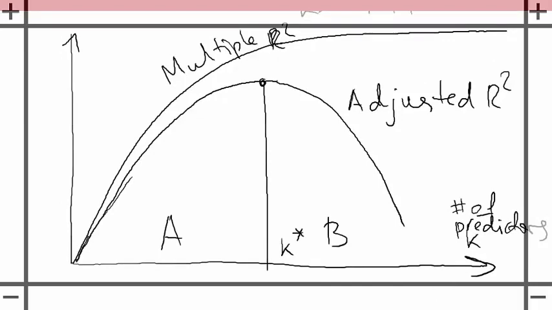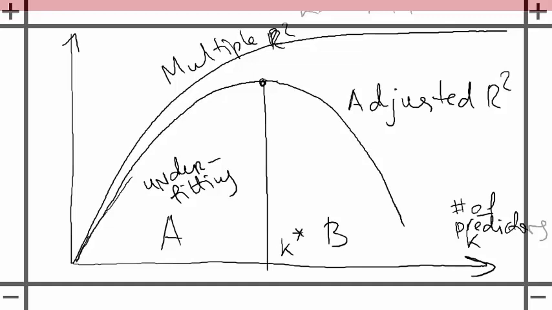I add one more variable, my multiple R squared goes up, my adjusted R squared goes up. So if I'm in area A, I'm underfitting the data. In other words, there is room for improvement, and I can make good improvements by adding good predictors. Both adjusted and multiple R squared go up. But once I pass this K star point, then adjusted R squared says, well, this is it, man, you're tripping. You're adding stuff just for the heck of adding stuff.